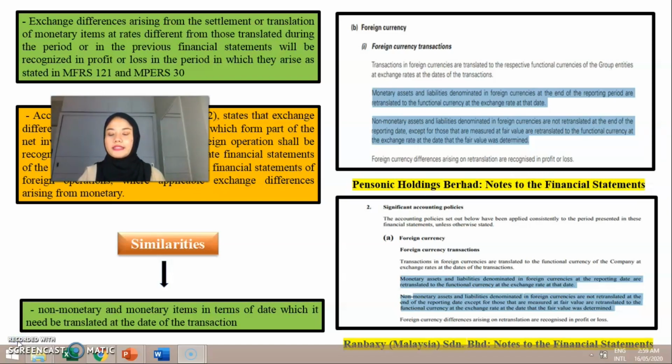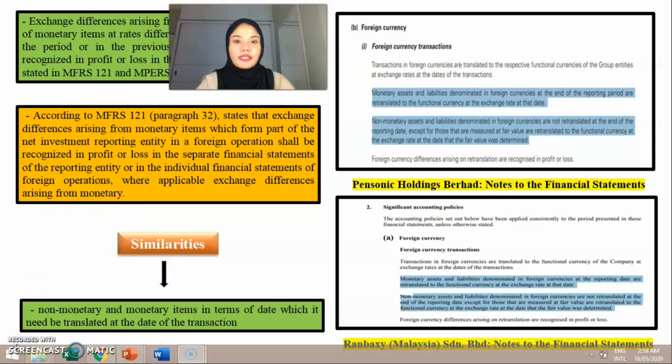The similarities in MPERS and MFRS are the non-monetary and monetary items in terms of date, which need to be translated at the end of the transaction. As you can see, Panasonic Holding Berhad and Rambaxi have similarities in non-monetary and monetary items in terms of date.